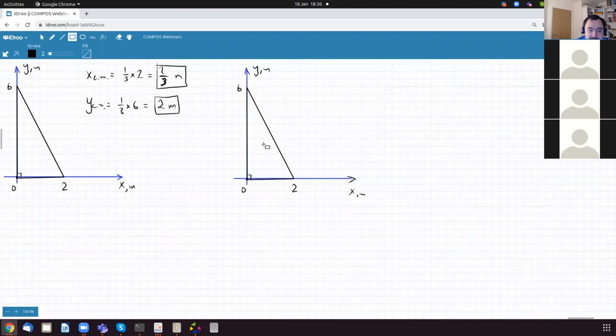So we're going to split this triangle into rectangles.